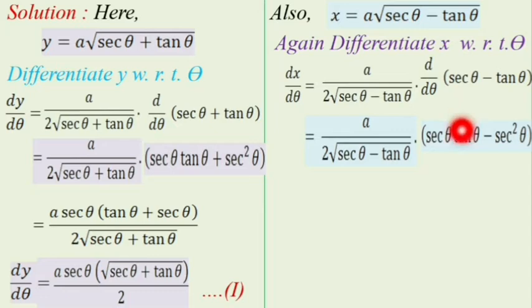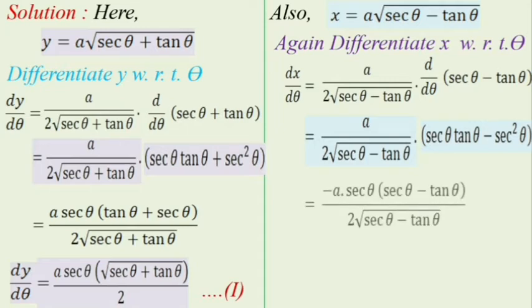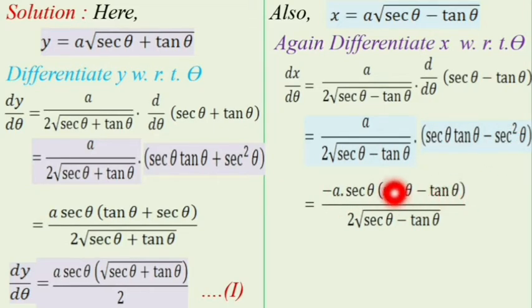Again here sec theta is taken out of the bracket, and therefore we get dx by d theta equal to minus a sec theta into bracket sec theta minus tan theta, because here we have to take minus sec theta out of the bracket, and therefore in the bracket the remainder is sec theta minus tan theta, whole divided by 2 root of sec theta minus tan theta.